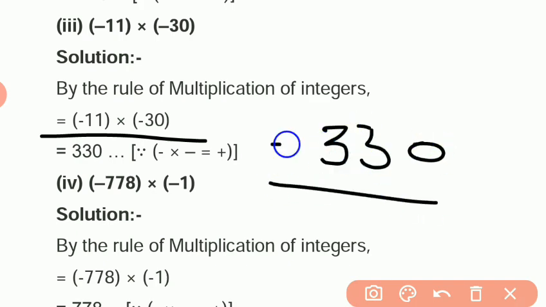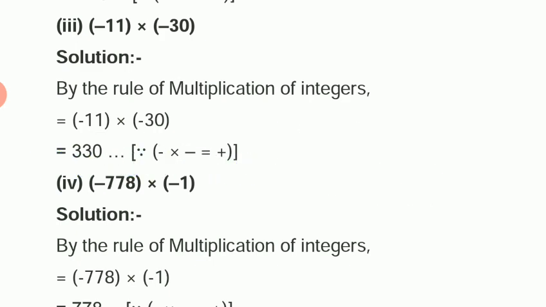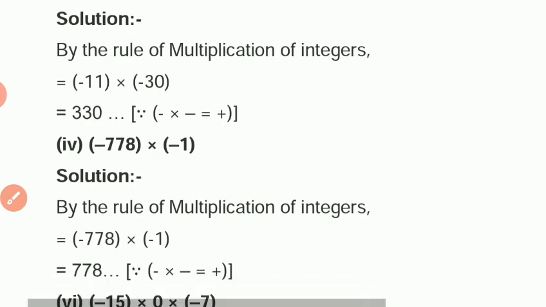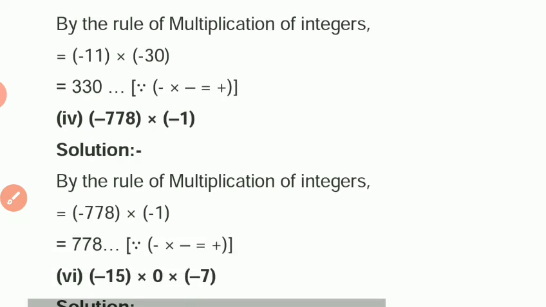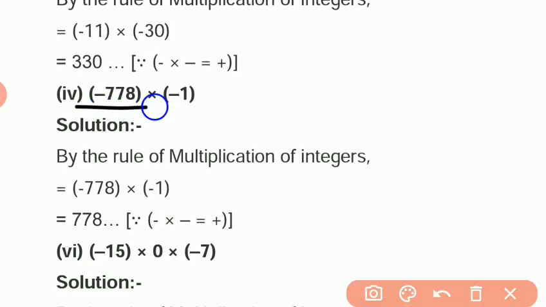And we know that minus into minus is plus. So the answer will be plus 330. Fourth one, minus 778 into minus 1. Again we can see 778 into 1 is 778, and minus into minus is plus.